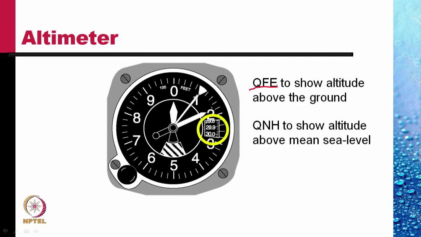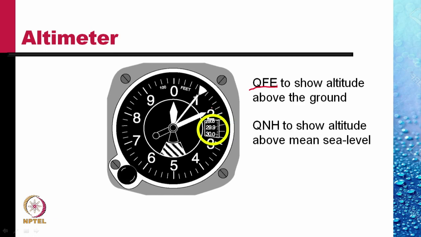Now, this is an old picture where the pressures are shown in inches of mercury and the altitude in feet. Most altimeters today would show altitude in meters, and this window would show pressures in millimeters of mercury.